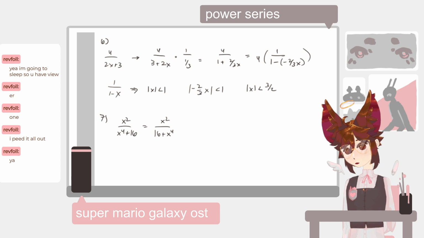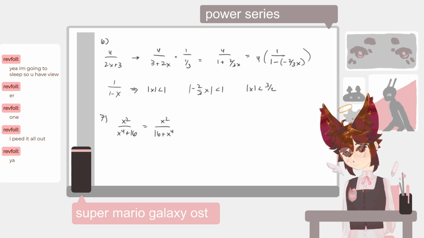Is it tangent inverse? Is that maybe what it is? 1 over 1 plus x squared. Oh wait, no. That's just because it's a convergent power series of 1 over 1 minus x anyway.